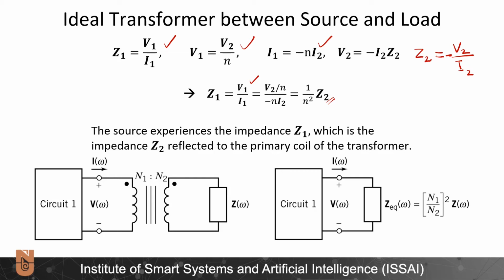So, if I were to convert this circuit to a circuit with a single impedance and no transformer, then I would have the following circuit where the voltage source is directly connected to the equivalent impedance, which is N1 over N2 squared times Z2.